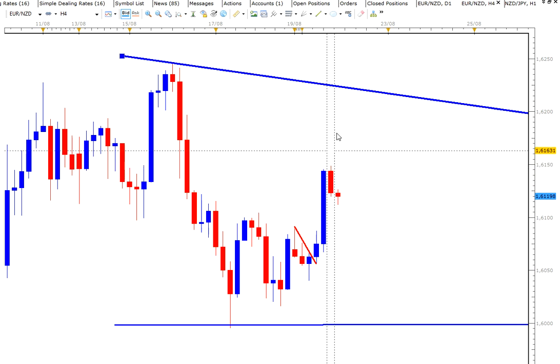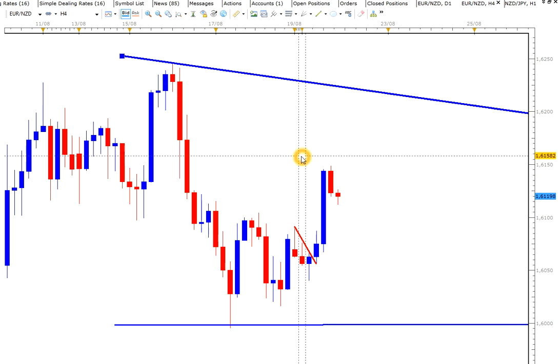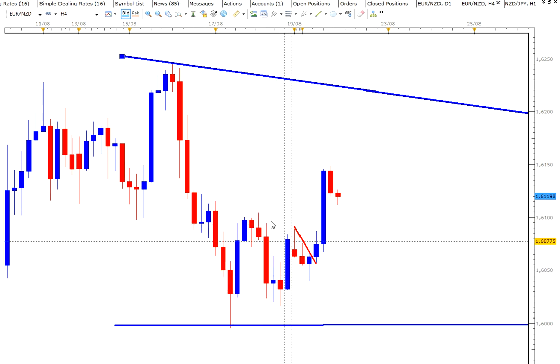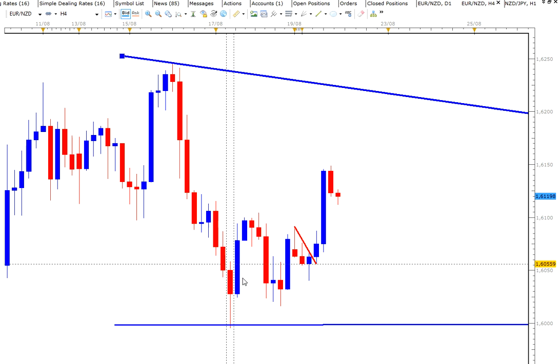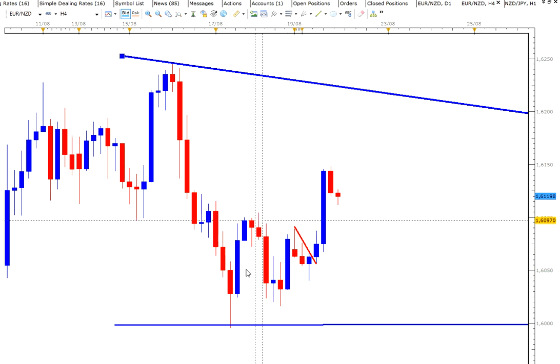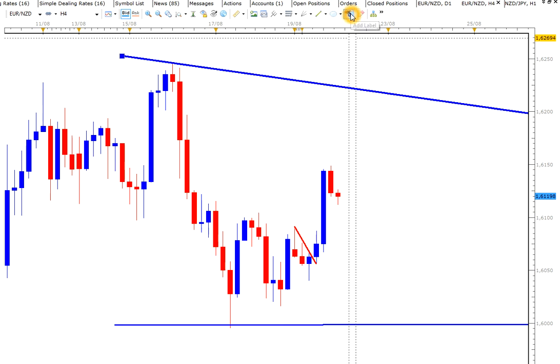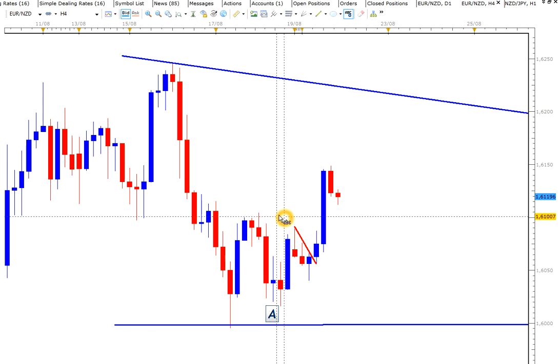So it will either be a double bottom formation or an ABC setup, and not both. So in this case, we have a double bottom formation followed by an ABC signal, which I think for this size of consolidation is a little bit too much.